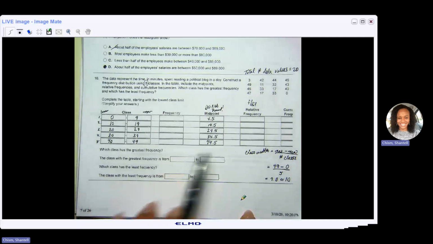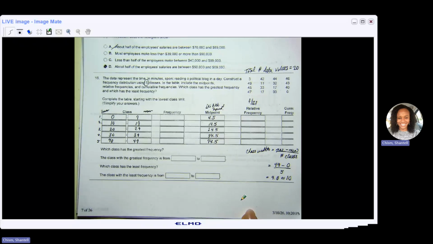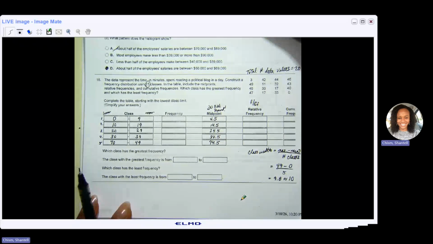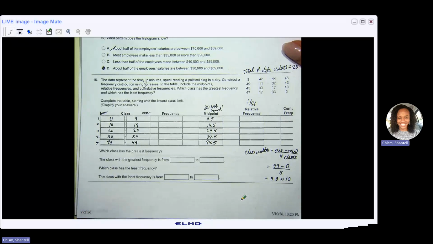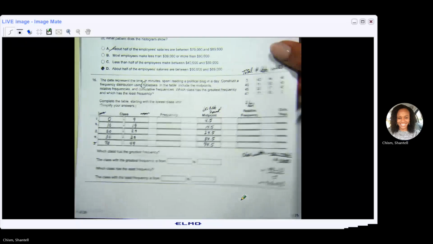And then finally, once you have the table completed, you'll be able to answer the question, which class has the greatest frequency? You'll do the lower limit to the upper limit, and then which class has the least frequency, the lower limit to the upper limit. Again, go back and watch the video for this problem in my section 1.2. All right.